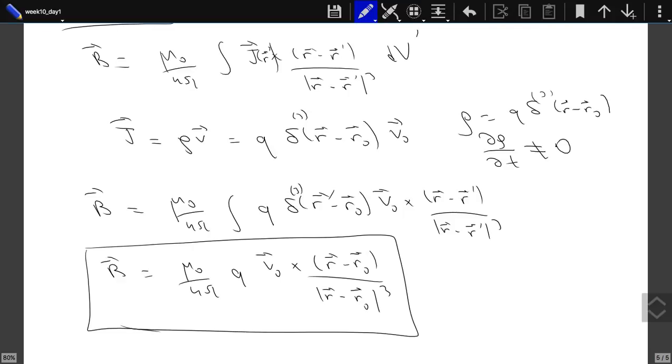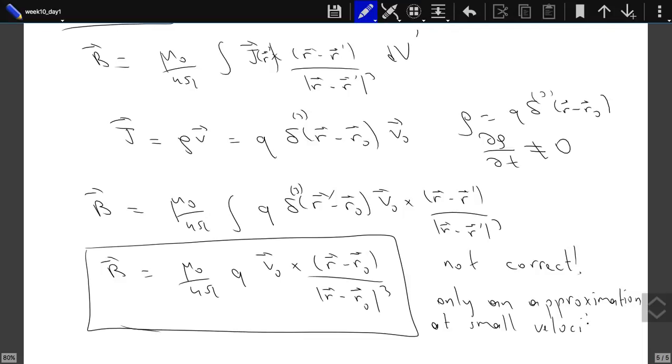Since the particle is moving, R0 is constantly changing, and hence the charge density at a given point is constantly changing. So this is not a magnetostatic problem, and hence this expression is not correct, strictly speaking. It's only approximately true that the magnetic field of a moving point charge can be written in this form.